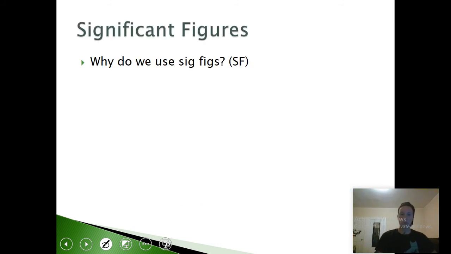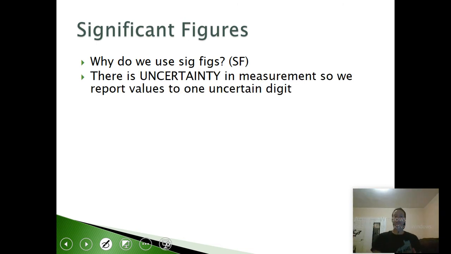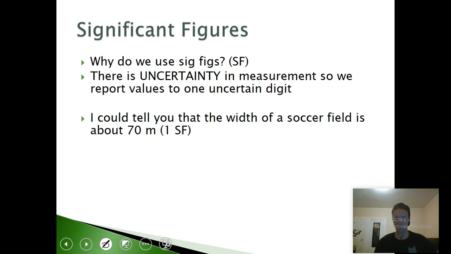So here's a little recap. Why do we use them? There's always uncertainty in measuring, so we report the values to one uncertain digit. I could tell you that the width of a soccer field is about 70 meters. I'm estimating, so that's only one significant figure here.